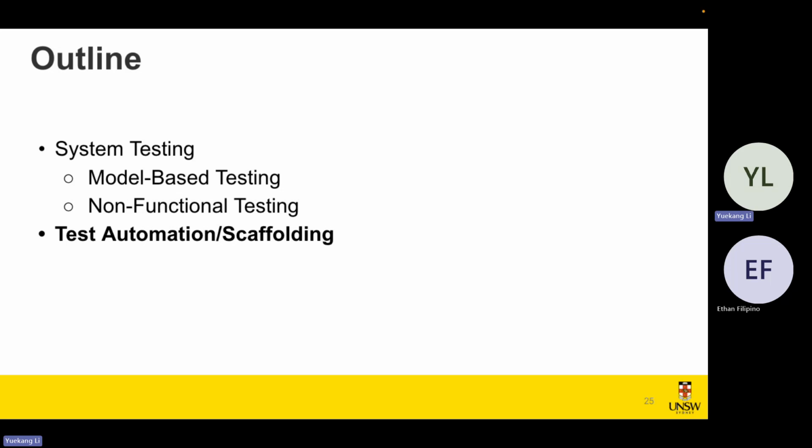Model-based testing is also to simplify the behavior of the system so that we can apply more powerful analysis. If we don't simplify this, then these powerful analysis techniques may not be scalable enough to be applied to actual programs, right?